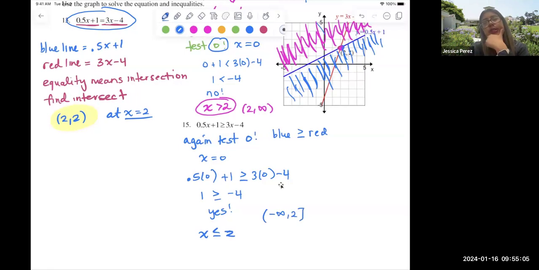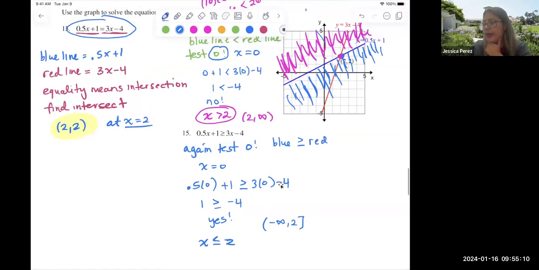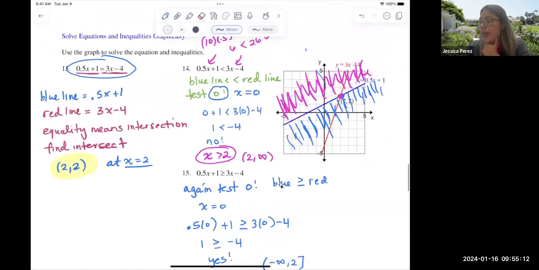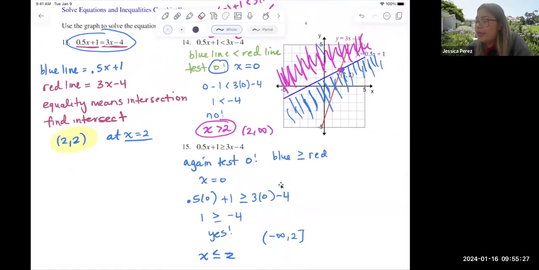Okay, and it's always nice to look at your graphs and your shading. So let's go back to our shading. The first part, we noticed that we're not going to be shading where the 0 is because it's not true. So we're going to shade upward. That means that x has to be strictly greater than 2 in order for the inequality to suffice. Now, when we did that for 15, we said, yes, that's true.